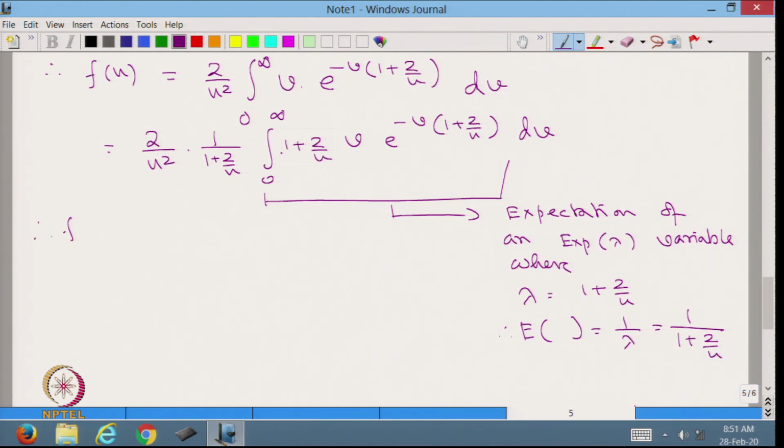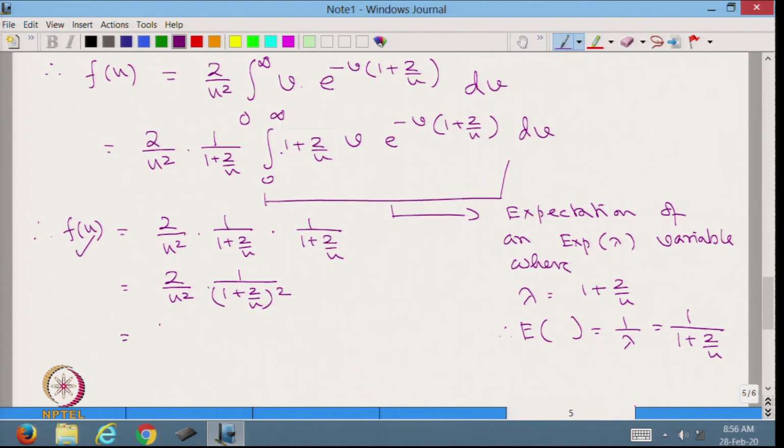Therefore, f u is equal to 2 upon u square into 1 upon 1 plus 2 by u into 1 upon 1 plus 2 by u, which is 2 by u square into 1 upon 1 plus 2 by u whole square, which is equal to 2 upon u square multiplied by u square upon 2 plus u whole square, which is equal to 2 upon 2 plus u whole square.